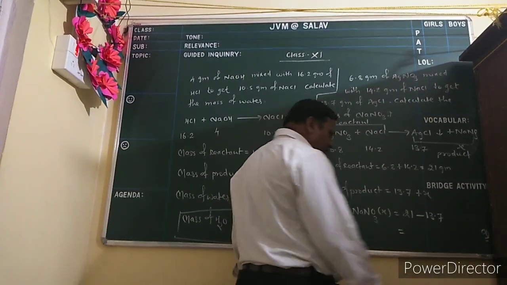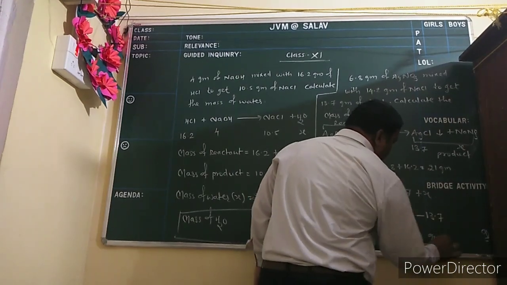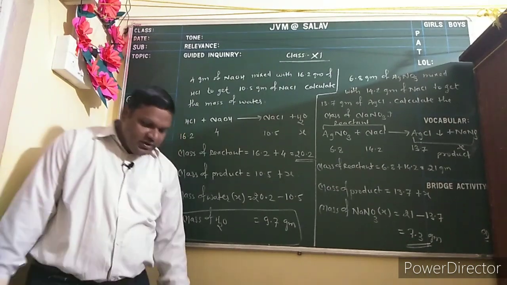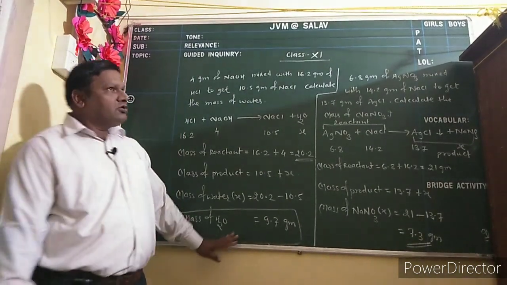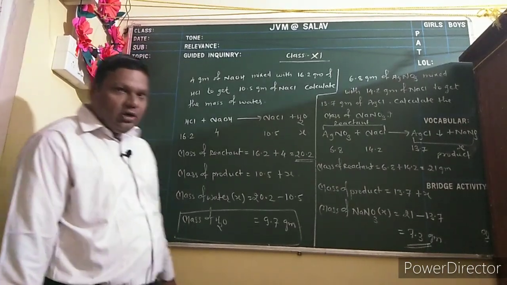What will the answer be? It will be 7.3 grams. Understood? So these are very simple questions. Okay, understood? This is the law of conservation of mass.